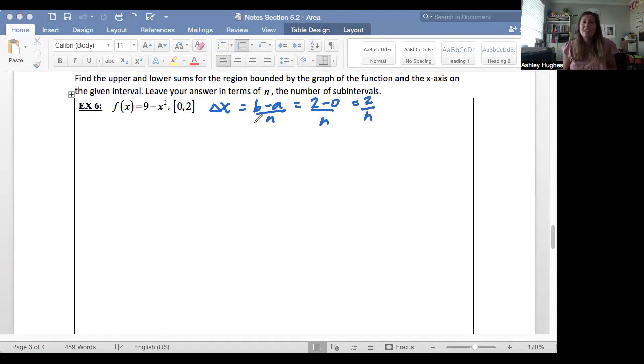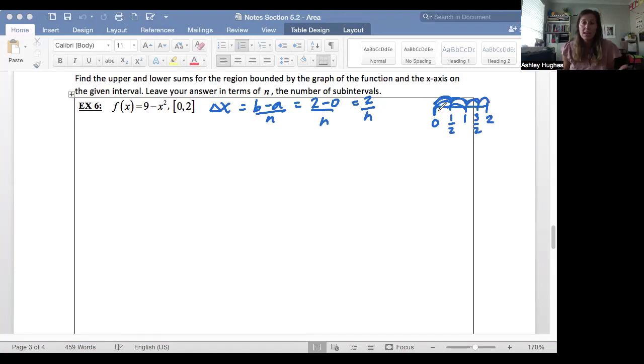Now we have the x of i, which remember we talked about, like if I'm at 0 and say my delta x was a half, then my right endpoint would be 0 plus 1/2, and then 0 plus 2/2, which would end at 1, and then 0 plus 3/2, and then 0 plus 4/2, which would end at 2.